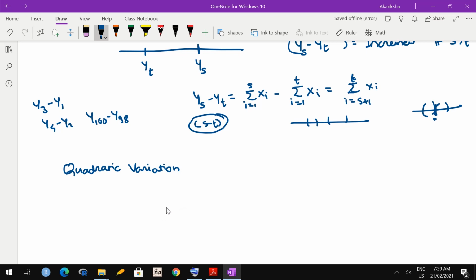Given a stochastic process, you can observe only one realization of it. Let me try to explain what I am saying. For example, when you have recorded data on daily rainfall at Pune city, suppose today's rainfall was 3 millimeter. But we know that 3 millimeter is just one possible value.